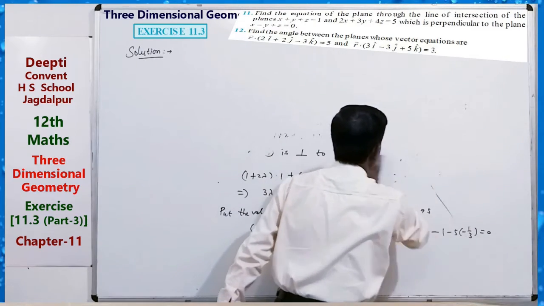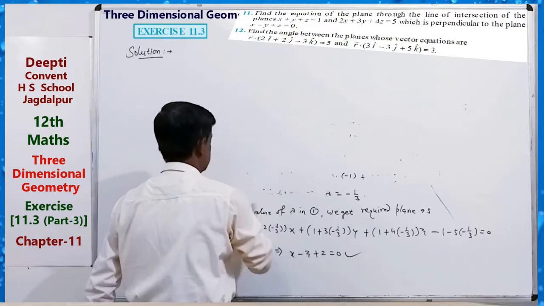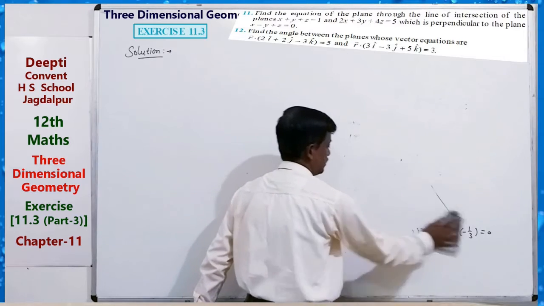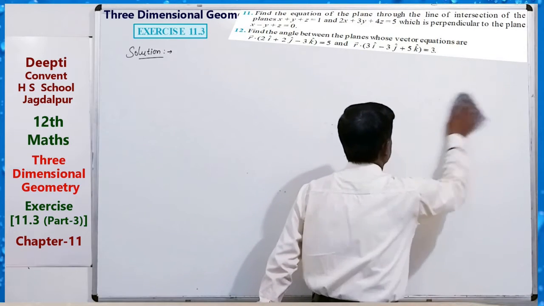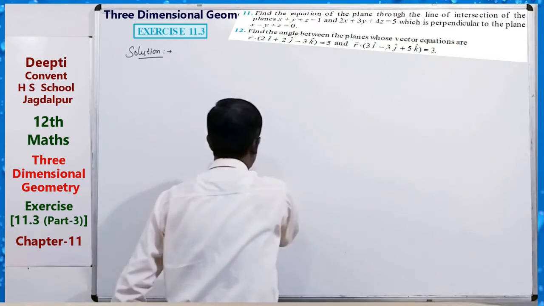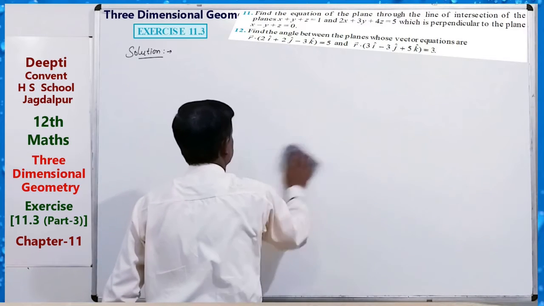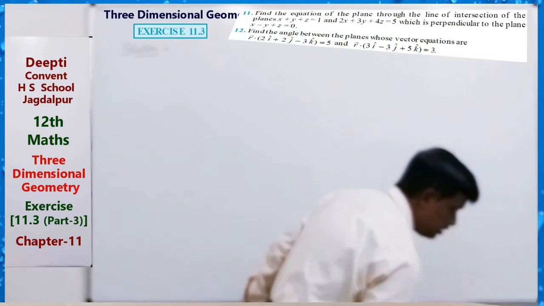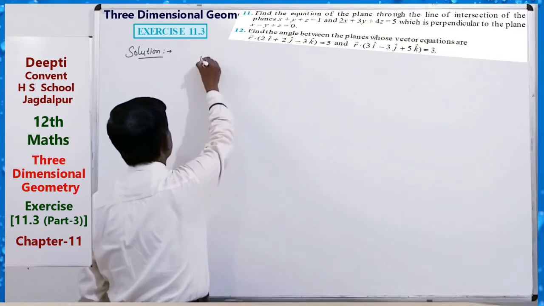So just write the normals and you can get the solution. Here the equations of the planes are given in vector form.